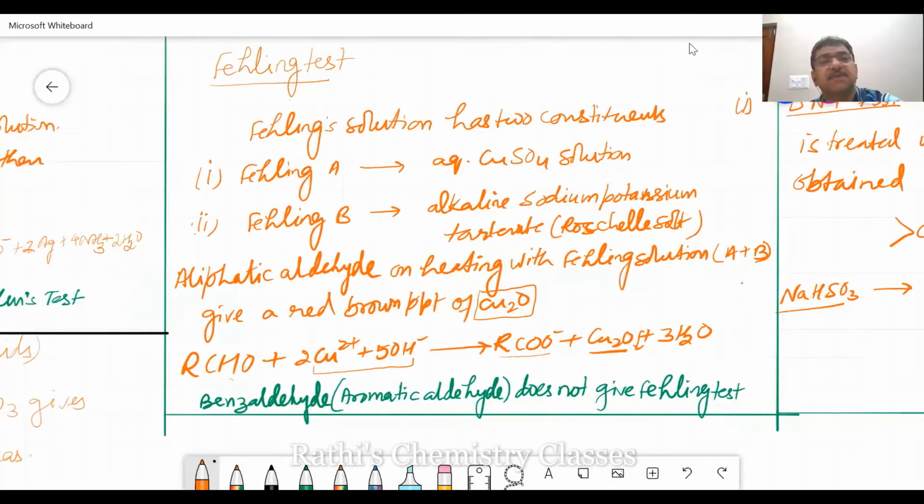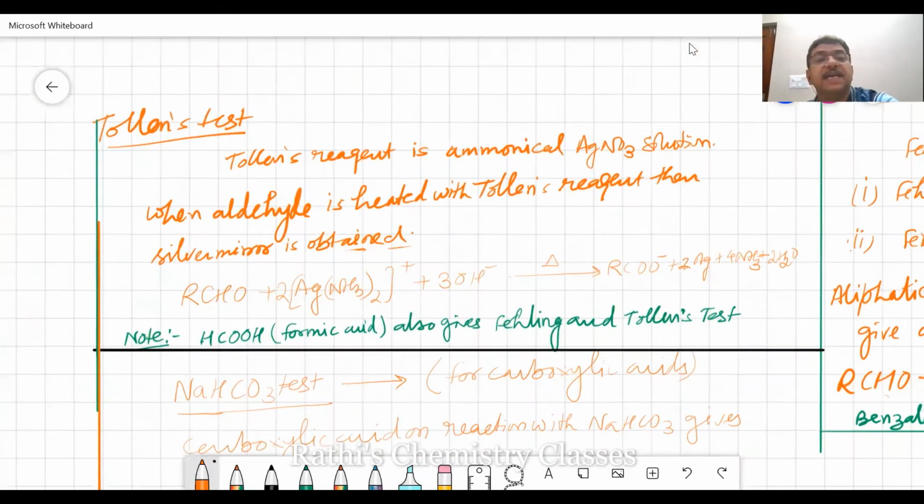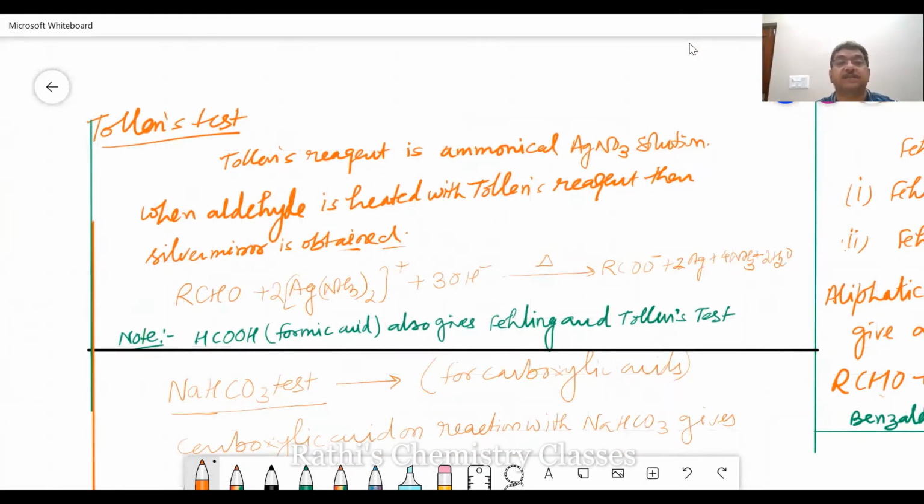There is another test for aldehyde, and that is the Tollens test. Tollens reagent is ammoniacal silver nitrate, and this is used for all the aldehydes. All aldehydes give the Tollens test. When an aldehyde is heated with Tollens reagent, a silver mirror is obtained, that is, silver deposited inside the test tube forms a silver mirror.